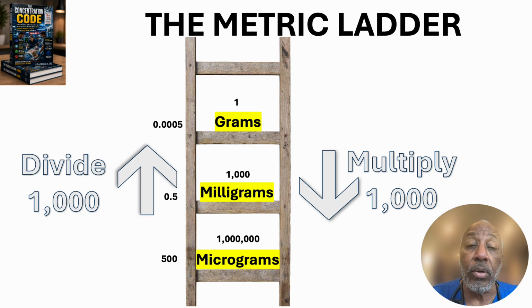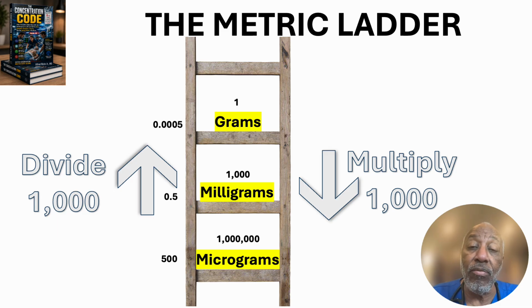The rule is simple. Moving down one rung multiplies by 1,000. Moving up one rung divides by 1,000. Just commit this to memory. Start at grams and move down to milligrams. Multiply by 1,000. 1 gram is equal to 1,000 milligrams.